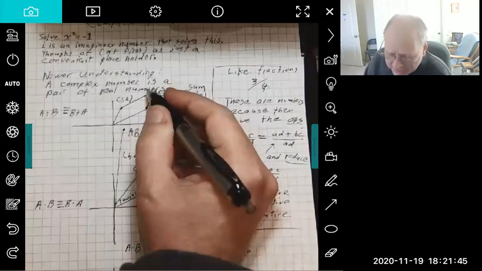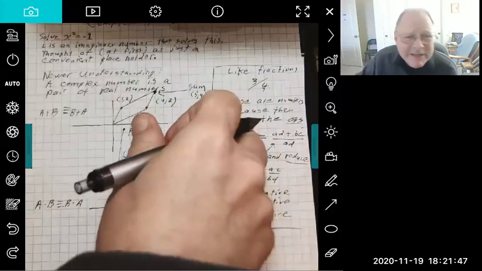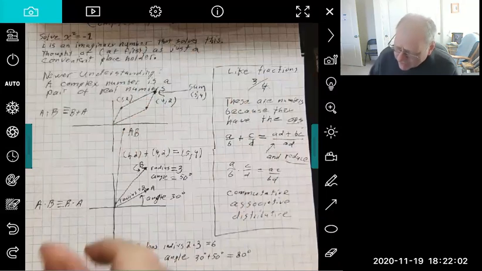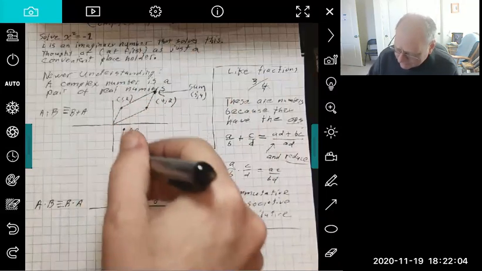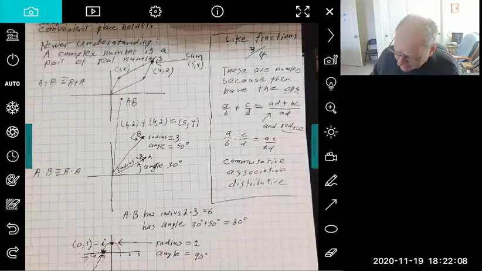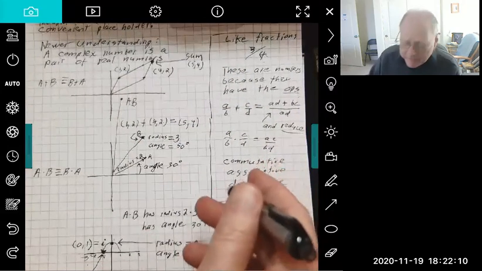And the same way with the associative property. If I add two things and then add a third one, it's the same as if I'd done the second two together and then the first one. You can regroup. So what we have with this new funny kind of arithmetic in the plane is that it's got all the same properties.